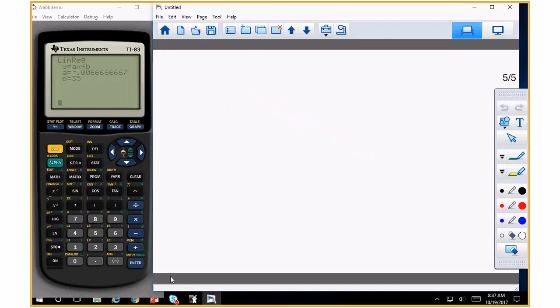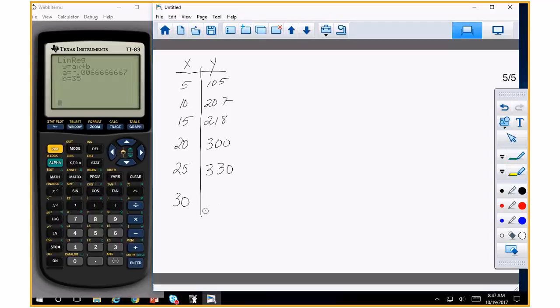Let's say that you have a bunch of points, and I'll just say X and Y. We're just going to keep this in algebra right now. And let's go 5, 10, 15, 20, 25, 30, and we'll say this is 105, 207, 218, 300, 330, and 350.